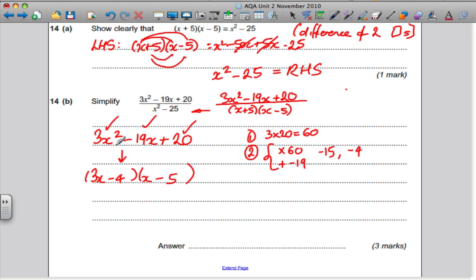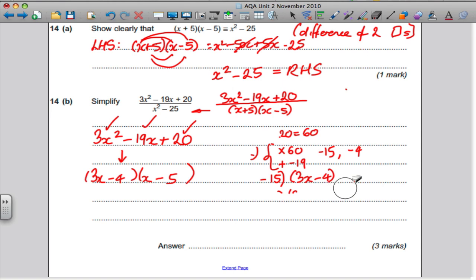So you've got a 3x squared here, so put in this bracket a 3x minus 15, and this bracket a 3x minus 4, and where you can simplify, make sure you do. There's nothing goes into 3x and 4 other than 1, but 3 goes into both of these, so simplify and cancel it out, and get x subtract 5, 3x subtract 4. There's your factorized version again.